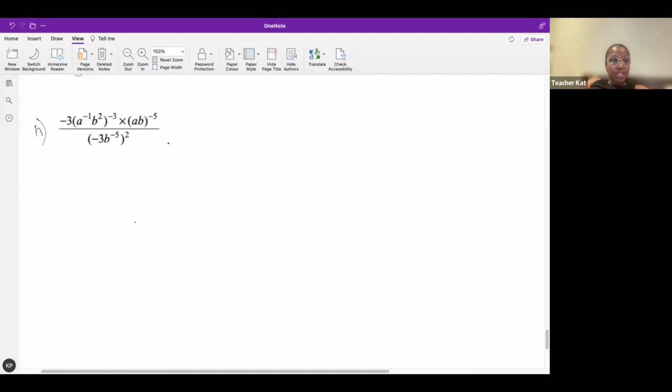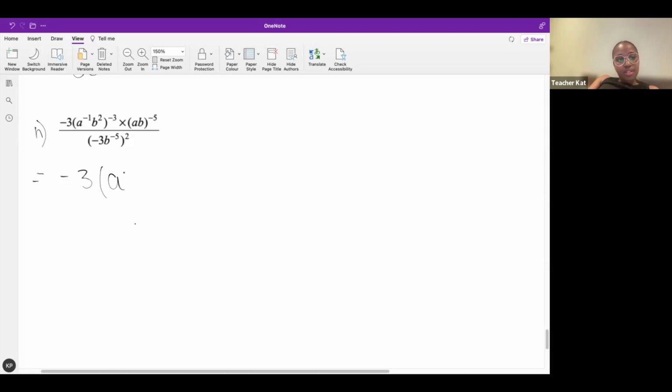Okay, let's see here. Anything inside brackets that we can simplify? Anything inside my brackets that I can simplify? No. So we move on to exponents. There are a lot of exponents that we're distributing here. So let me get going. -3 is on its own, right?